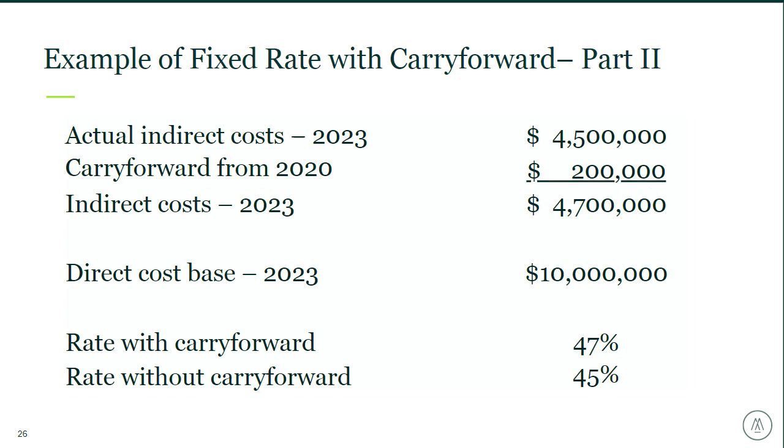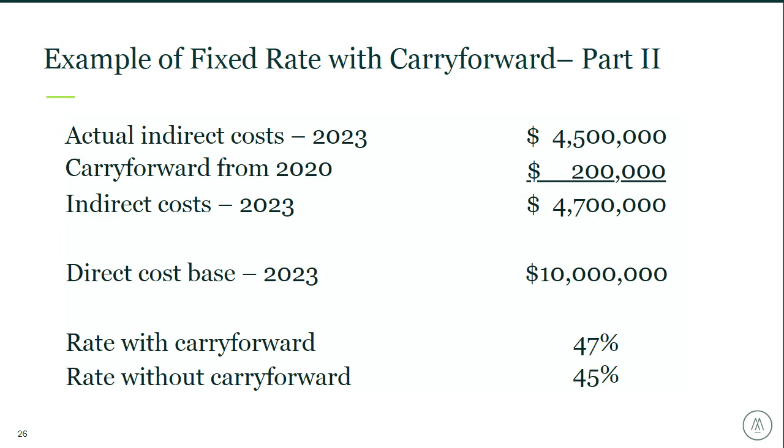And then carry forward from 2020, because you had an under recovery of $200,000, you add that on to get total indirect cost of $4.7 million. And your direct cost base for 2023, let's say that's also $10 million. So with your fixed carry forward rate, your rate for 2023 will be 47%.